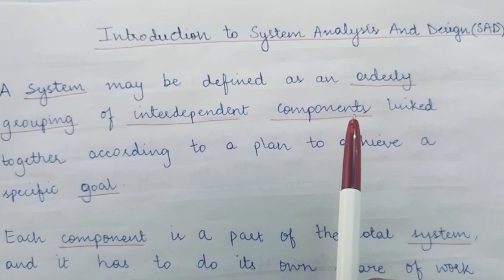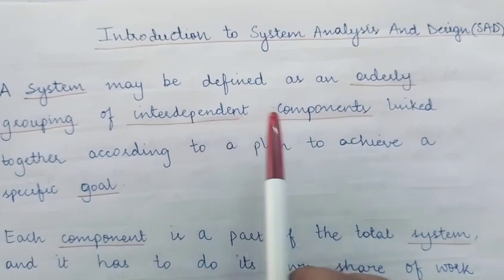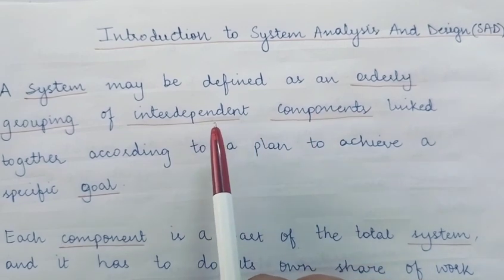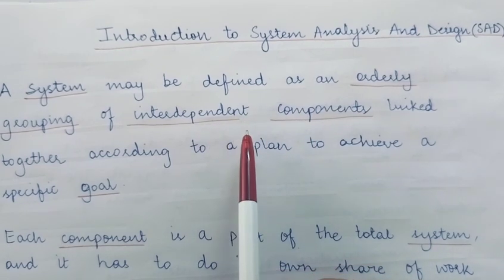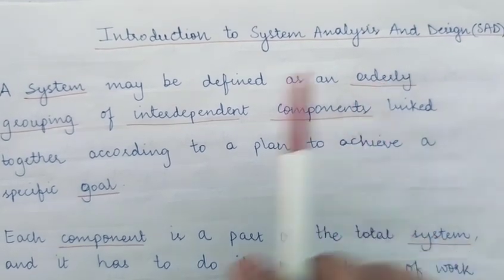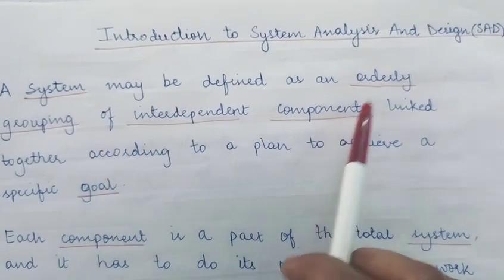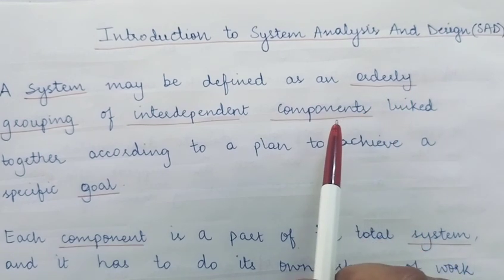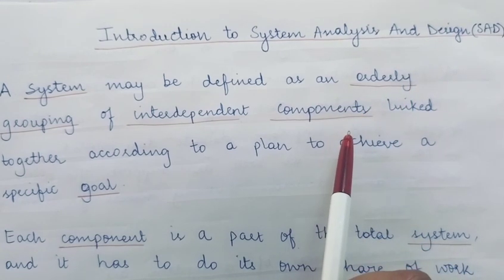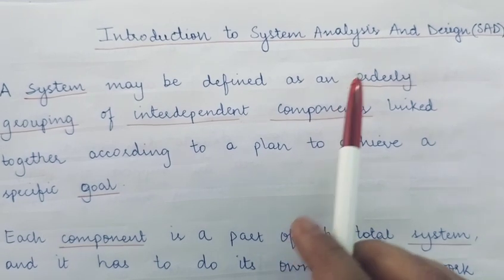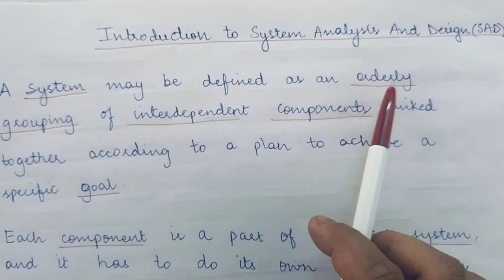Such components are dependent upon each other, and you are doing the orderly grouping of those components. When I emphasize the word orderly grouping, that means the grouping is done in a specific order. You cannot group those components in a random manner. You have to group them in a specific order.